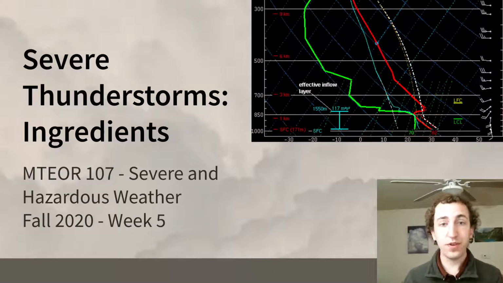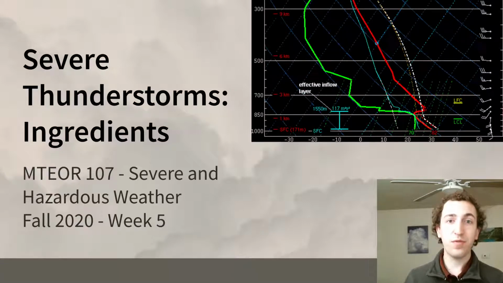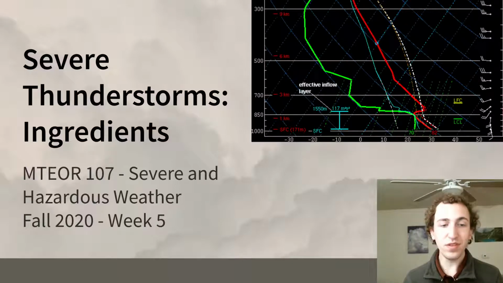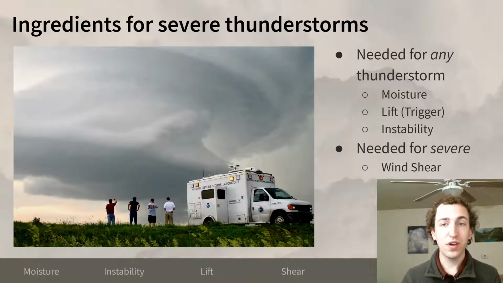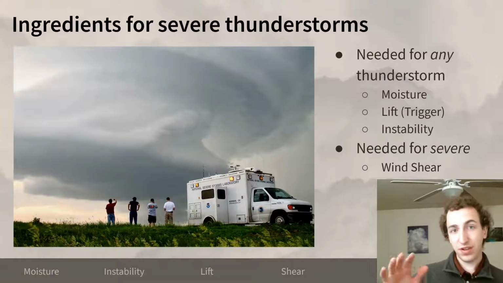Okay, so now we're continuing on with our second video of week 5, where we're starting our three-part discussion on severe thunderstorms. First up, the ingredients for severe thunderstorms. We can split up, there's four of them.